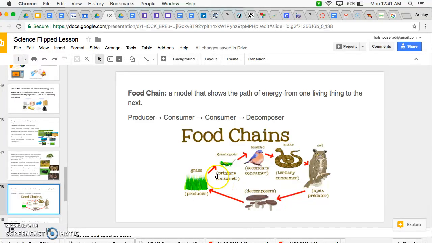It is a herbivore. Your secondary consumer is a bluebird. It eats the grasshopper. And then your tertiary consumer is your snake. It gets its energy from eating the bird. And then your owl is your apex predator. It's the top of the food chain and it eats the snake. So it gets its energy as it goes back down and traces back.